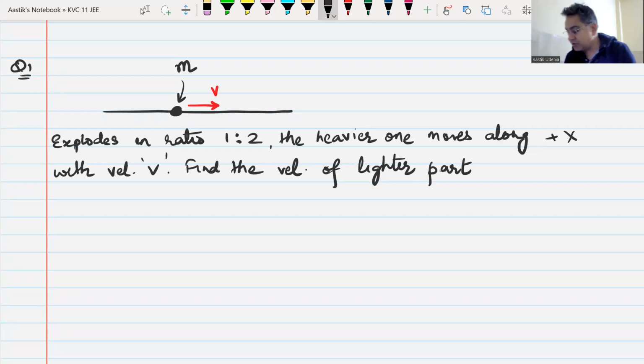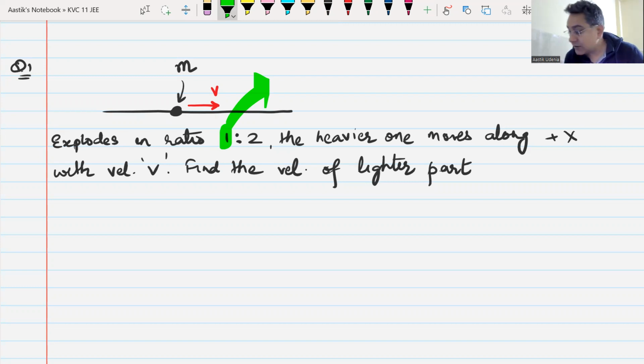So how are we supposed to do this? The bomb explodes in the ratio 1:2. Mass of the bomb is also given. So I can find out the value of M1 and M2 in terms of M. How much will be M1? The lighter part. What will be the mass of the lighter part? Anyone?